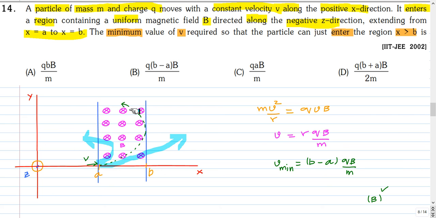For this path where it's just touching the line x equal to b, the radius is b minus a, so the velocity is (b minus a) into qB by m. If the velocity is greater than this value, it will enter the region x greater than b. So the minimum velocity for which it can enter this region is this limiting velocity, (b minus a) qB by m. So it matches with option B.